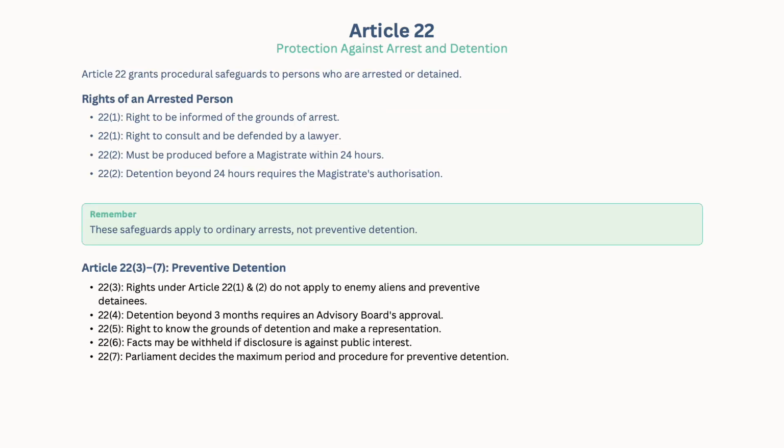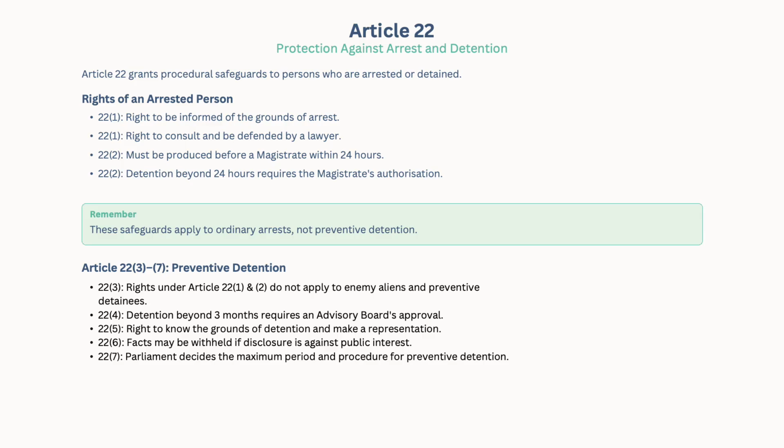Now, Article 22, protection against arrest and detention. This is a little bit complicated, but please try to pay attention. Detention means preventive detention. When we're talking about arrest and detention, arrest means you are arrested for a crime that you have already committed.